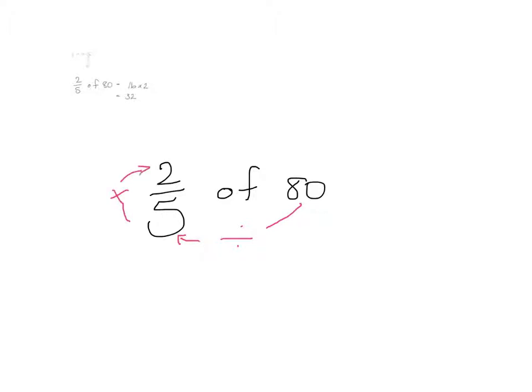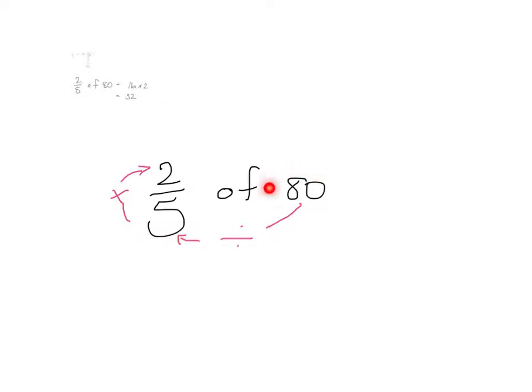That brings us to a rule. Whenever you have a situation where you have a fraction, let's look at the previous example, 2 fifths of a quantity, 2 fifths of 80. The rule to remember in this case every time is you take 80 and you divide it by 5, and you take your answer and you multiply it by 2.